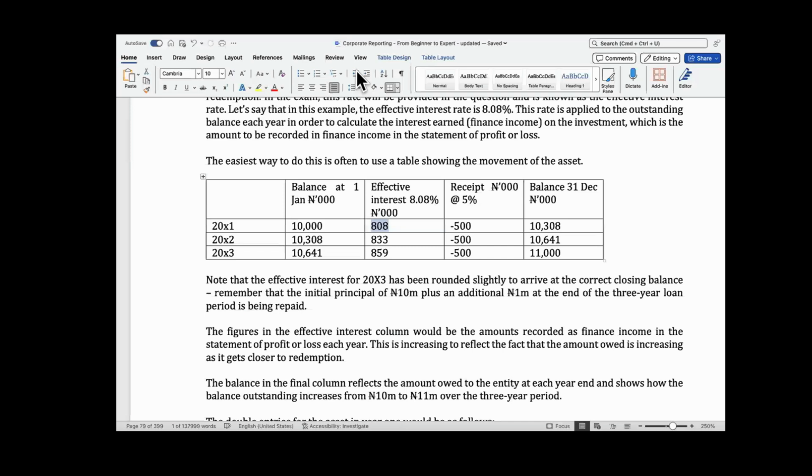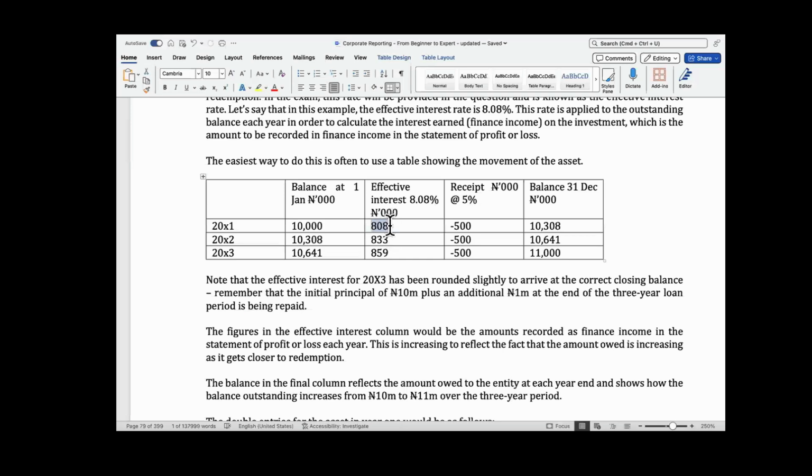Yes, you debit interest receivable, you credit the... sorry, this is an asset. I already told you that this 808 is an income. So you credit income, finance income, and you debit interest receivable.